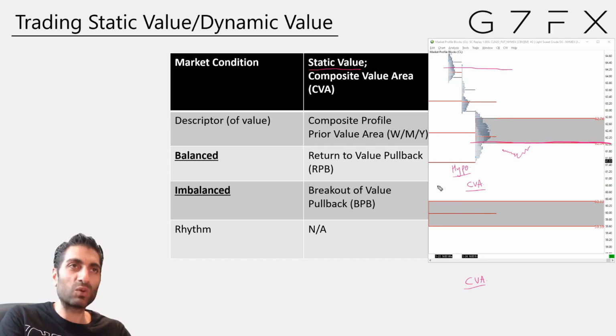I don't like to write developing weekly imbalance or whatever. I just like to write imbalanced, or whatever name I give it for static or developing, and this will become clear later. So you just have to take my word for it at the moment.